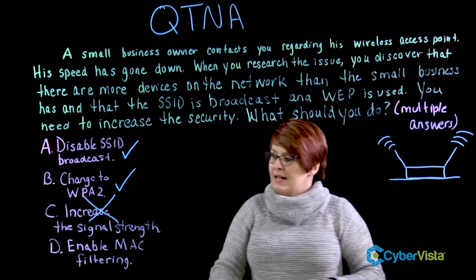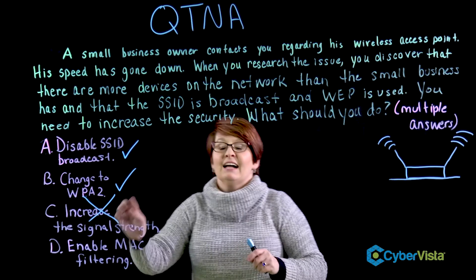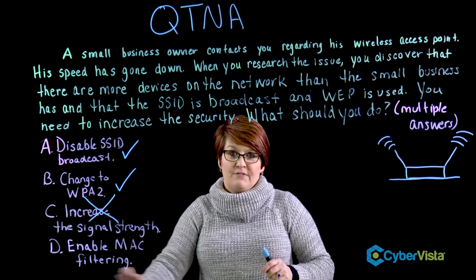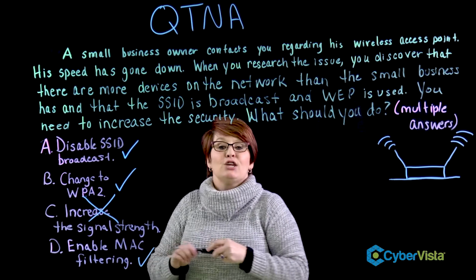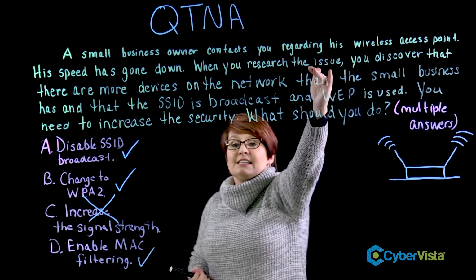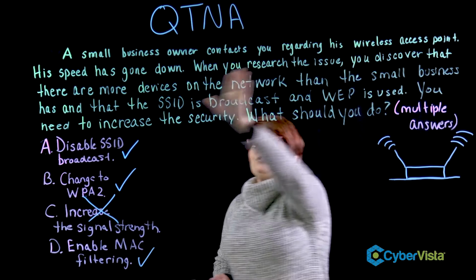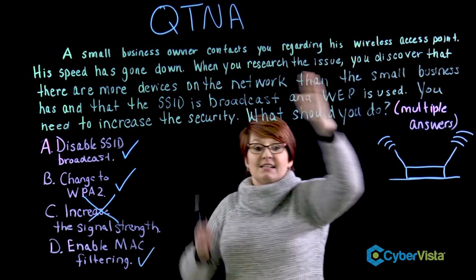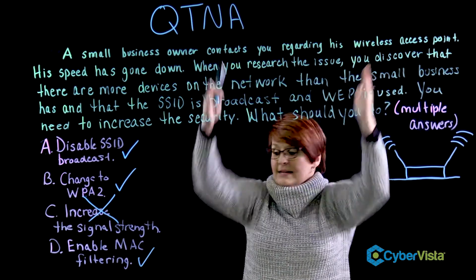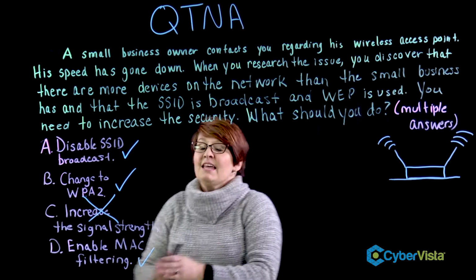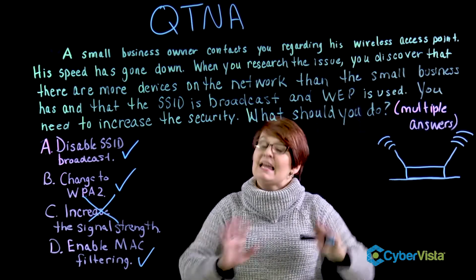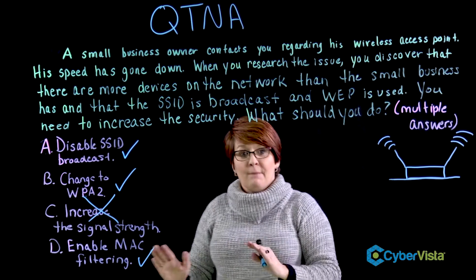A better plan is to configure and allow MAC filtering. So you are configuring only those devices that you want to allow in. In this case, you would find out the MAC address of the devices that the small business owner has, and you would add them to your allow MAC filter. Then any other devices that want to connect will not be able to connect.